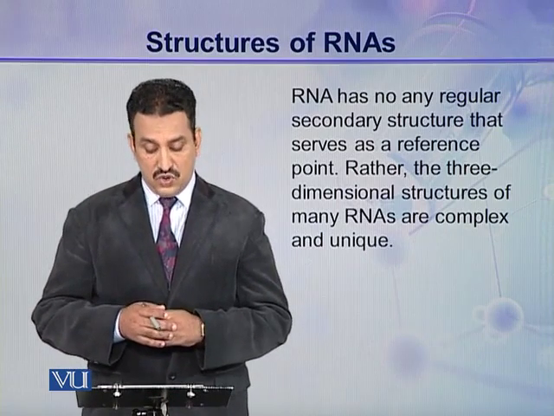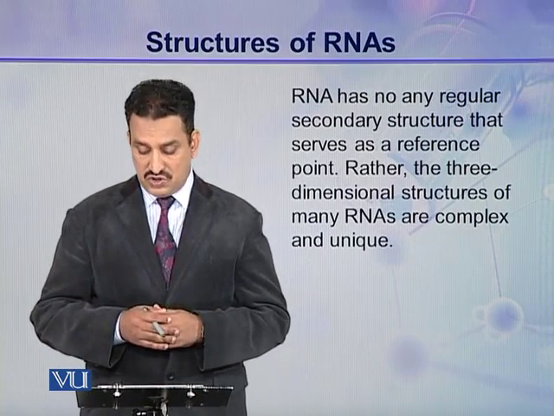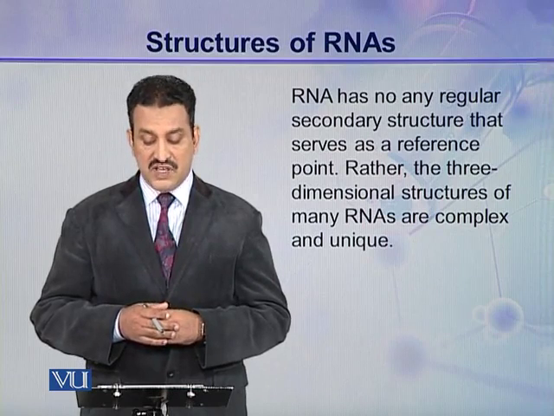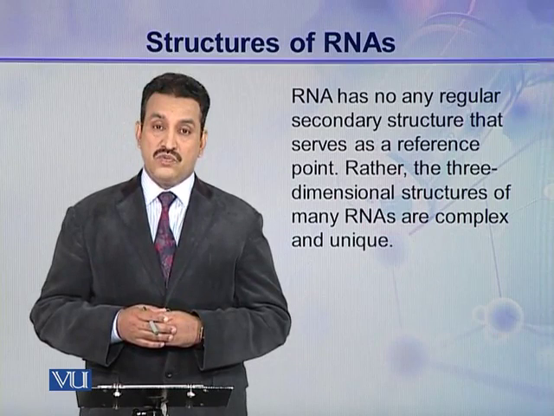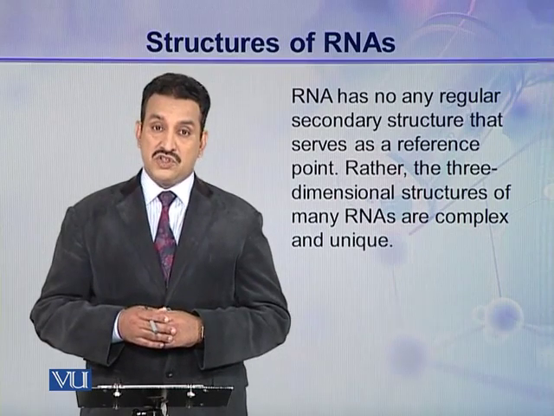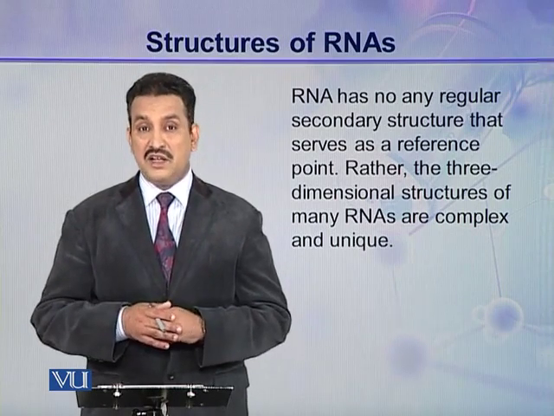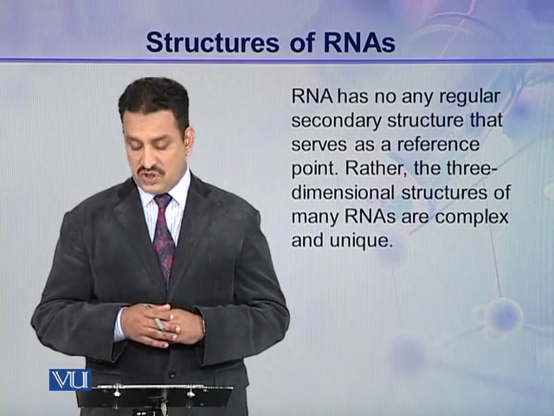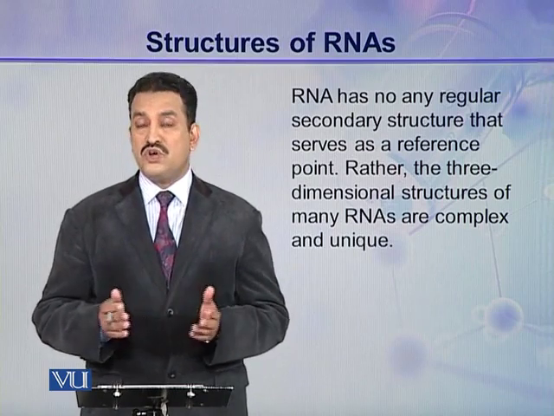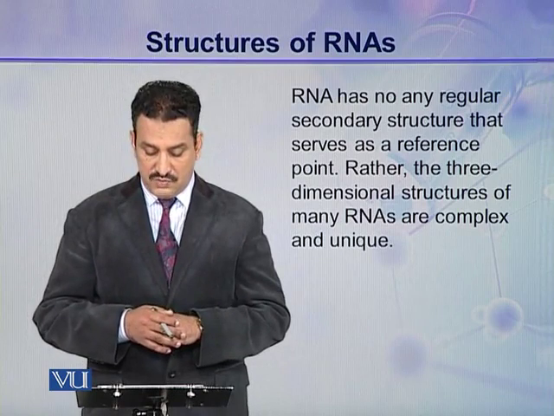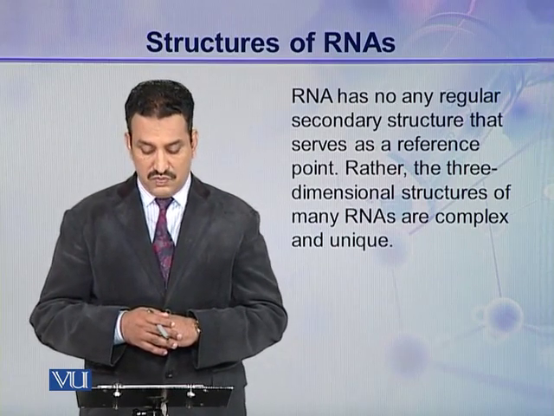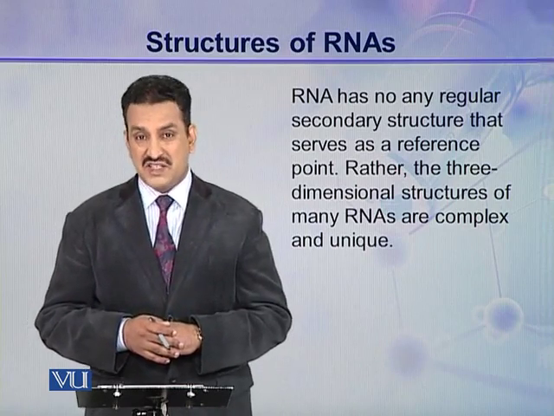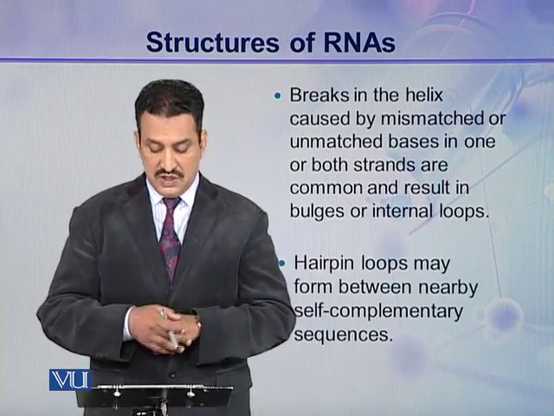RNA has no regular secondary structure that serves as a reference point. As you know, in case of DNA, the double helical structure is a reference structure. But here, there is no reference structure present in the ribonucleic acids. Rather, the three-dimensional structures of many RNAs are complex and unique.